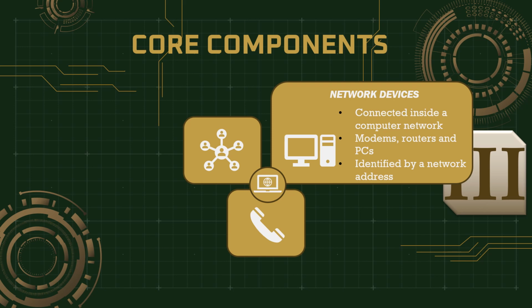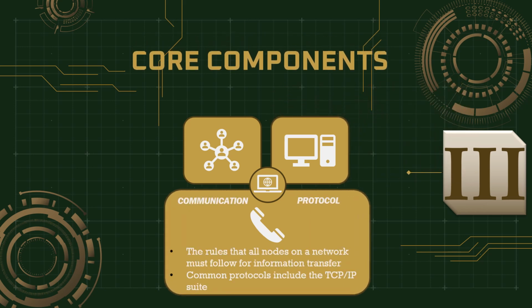These items are identified by a network address. Lastly, we have communication protocol, which is rules that all nodes on a network must follow for information transfer. Common protocols include the TCP/IP suite.